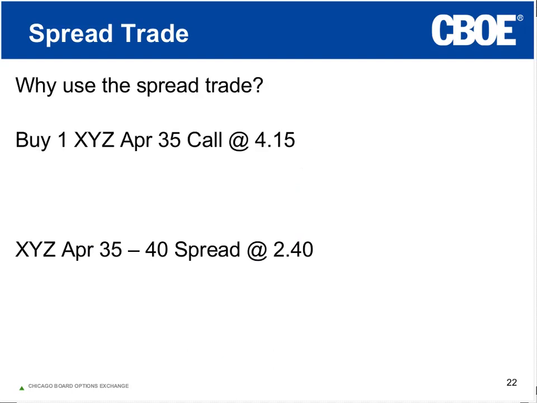And this is why we might consider putting on a spread trade. Again, we had a 2-month outlook for the stock to trade from 37.5 up to 40. If we had just bought the XYZ April 35 call, we would have an 85-cent profit on a $4.15 investment. If we bought the spread at 2.40, we've got a $2.60 profit on a $2.40 investment.